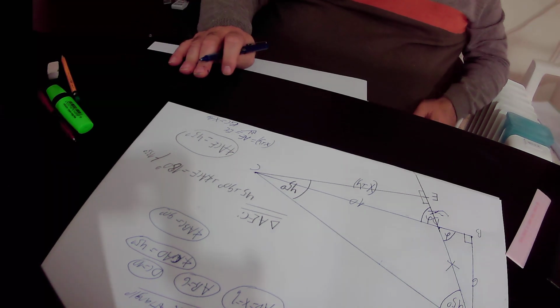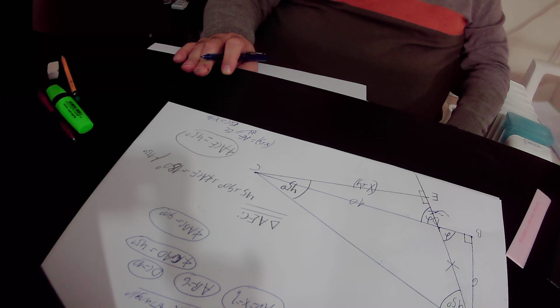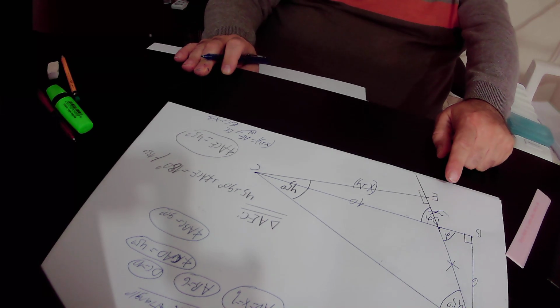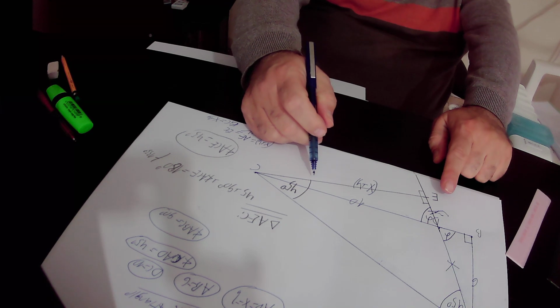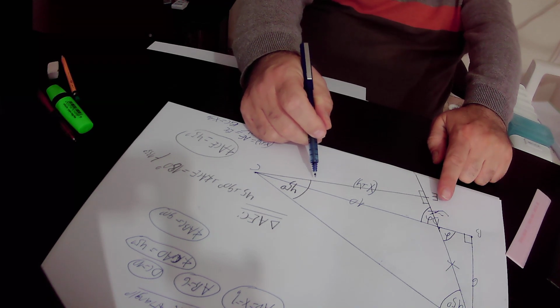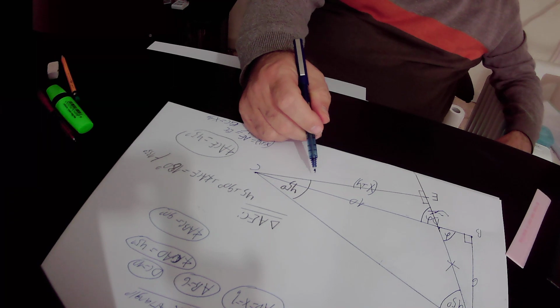So in the right triangle EDC, this angle is equal to 90 degrees, so the sum of those two angles must be equal to 90 degrees because of the fact that the sum of the angles in any triangle is 180 degrees.